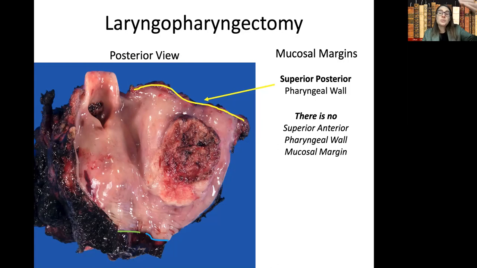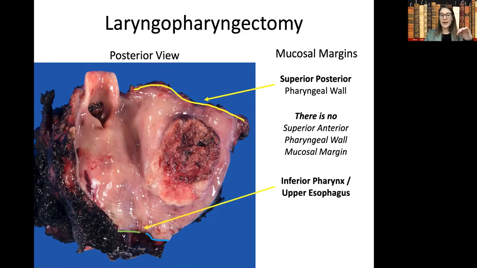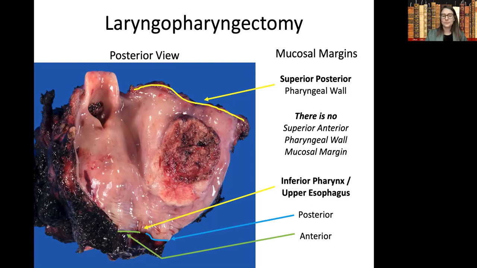The most anterior mucosal margin that you're going to have is, again, that mucosa as it wraps in front of the epiglottis in the vallecular area. However, inferiorly, you do have the margins of the lower pharynx/upper esophagus, depending on what level you're at. In this case, we have the posterior inferior pharynx/upper esophagus and the anterior inferior pharynx/upper esophagus that before this was open, right, was just that little ring.